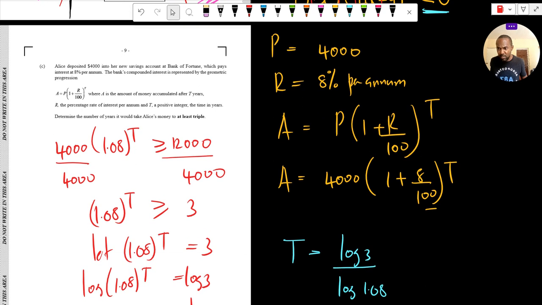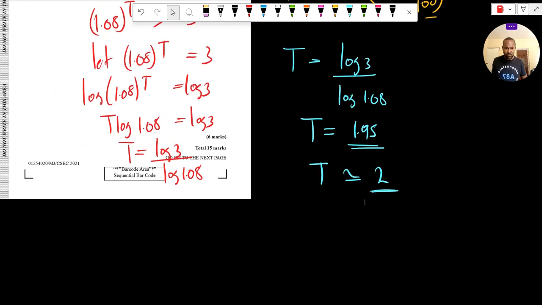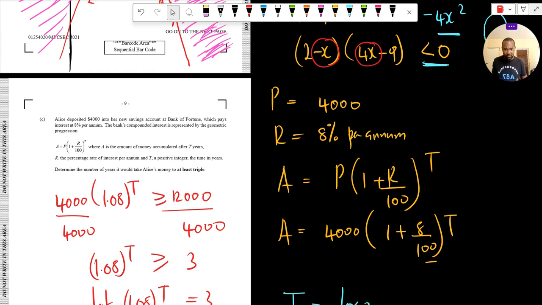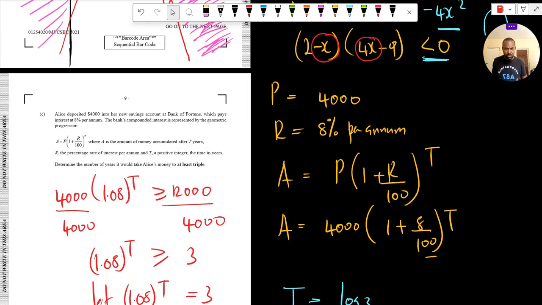Two years seems a little bit small, but anyways, let me check our maths. Let me check our equation. A equals P times 1 plus R over 100 to the power of T. A equals 4,000 times 1 plus 8 over 100 to the power of T. So A must be equal to 3 times that.